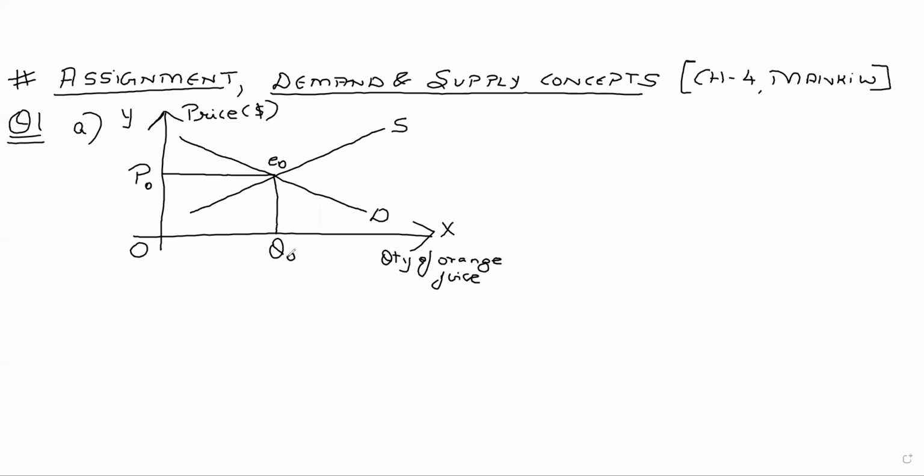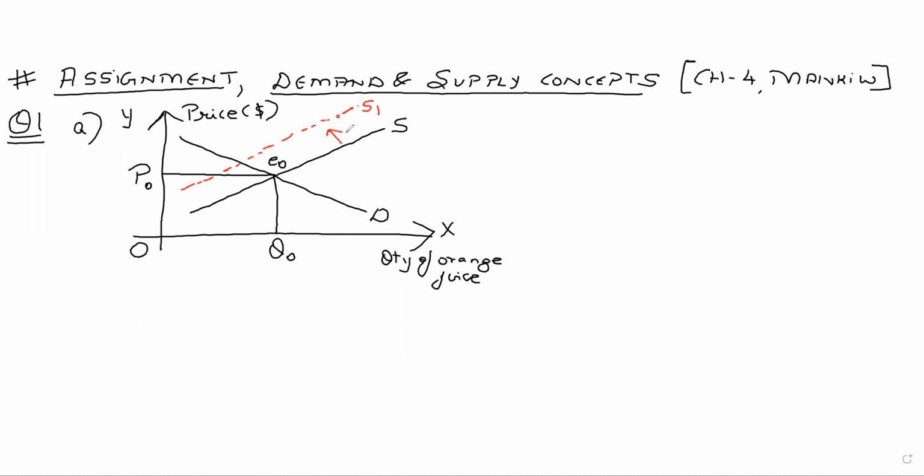When a cold snap hits Florida, the supply curve of orange juice will shift to the left. The supply will fall. So basically, you need to figure out which curve will shift. So it's a supply shock. Supply shock means this factor is going to affect the supply. So supply curve will shift to the left, supply will fall.